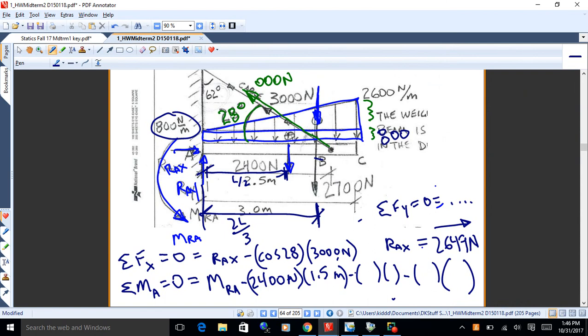Okay, and then you can solve for the reactive moment at A using that. Okay. And you do have the answers to that given. Let's just be sure, but I'm pretty darn sure you do. Yeah. Great.